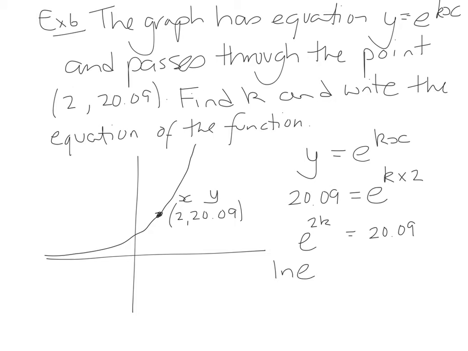So ln e to the 2k is equal to ln 20.09. So 2k will be equal to ln 20.09. And finally, k will be ln 20.09 divided by 2.